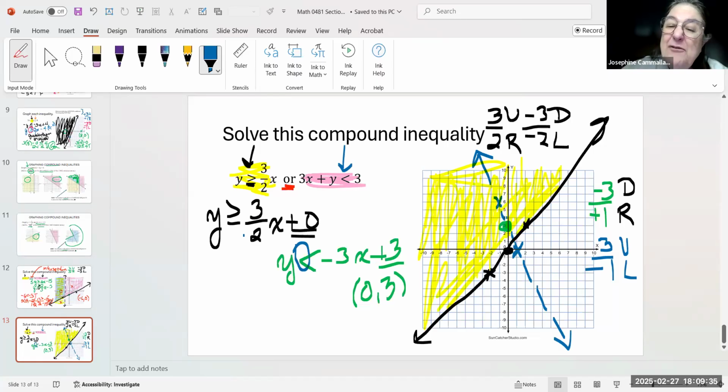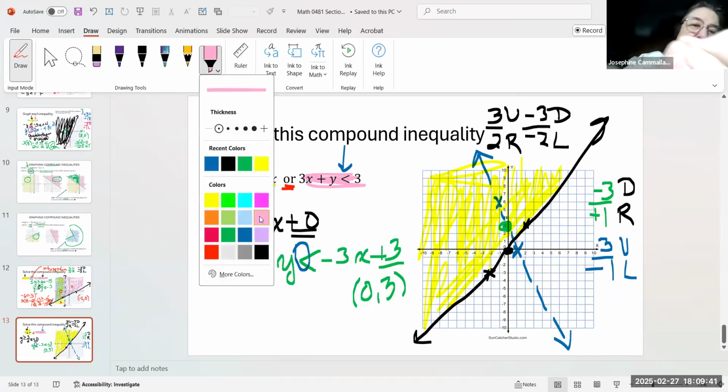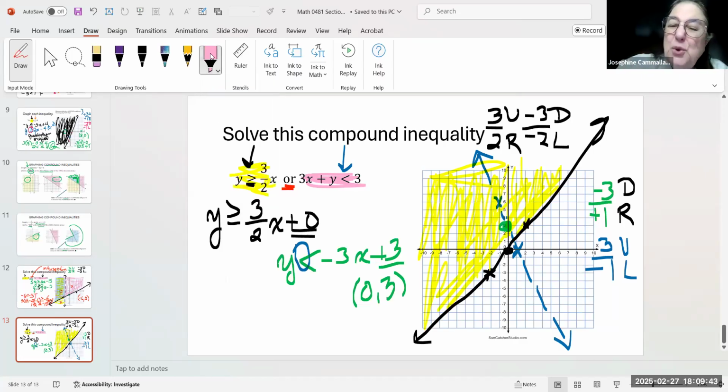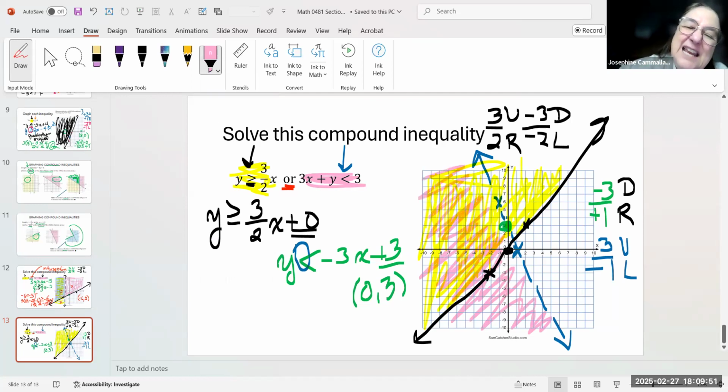Well, if my green dot is a +3, well, where am I going to find +2? I'm finding it here. It is here. Okay?